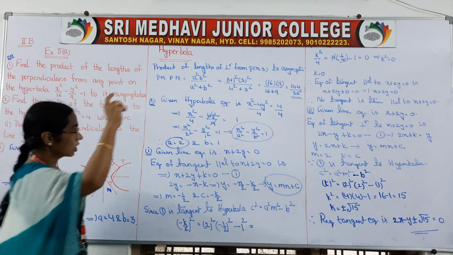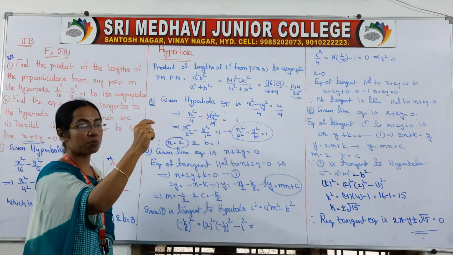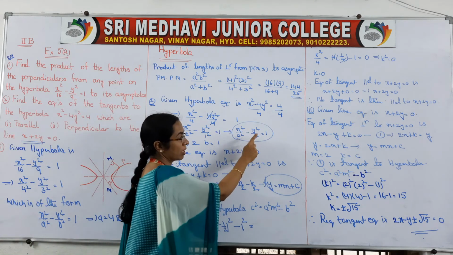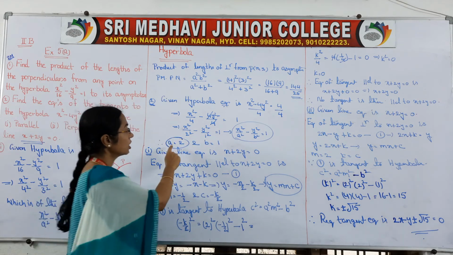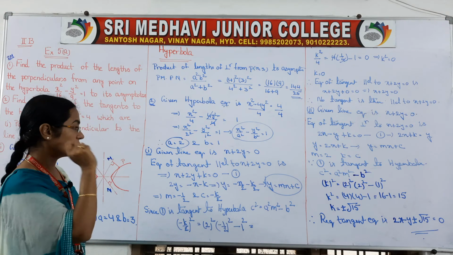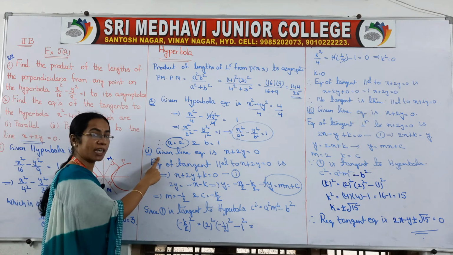So, first take the hyperbola equation and reduce it to the form x square by a square minus y square by b square is equal to 1, so that you will get the a and b values.